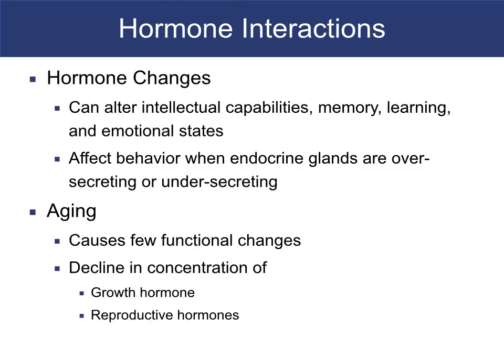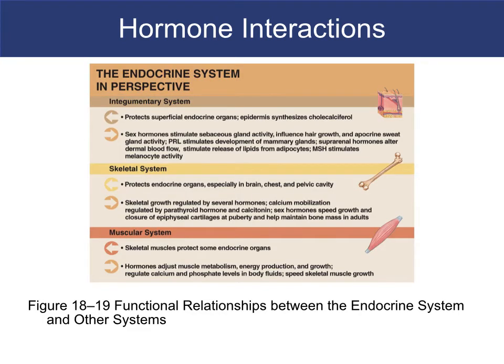The last thing I would say about aging is everything goes to hell when you get old. Growth hormone goes down, reproductive hormone goes down. I don't think I have to say that to any of you guys even. But just know that the endocrine system works on all of your organs, your skin. It makes you look older. You've seen Cindy Crawford on TV, right?